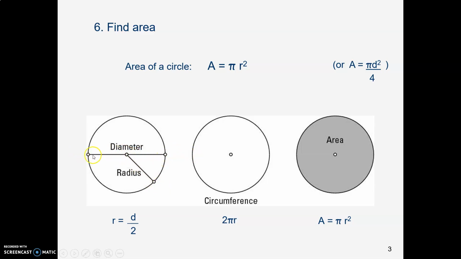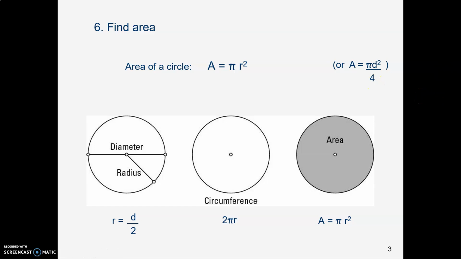What is half of 1.5? 1.5 divided by 2. I hope you come out with 3/4. Of course, if you'd rather, you can use this version of the area equation. Area equals pi d squared over 4.